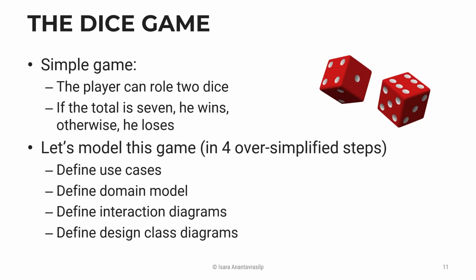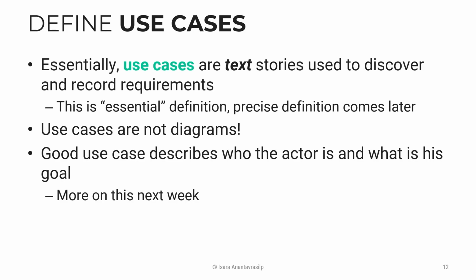This is oversimplified, it's going to be more detailed in the actual project, but just to give you some idea: we're going to define use cases, define the domain model, define the interaction diagrams, and then design the class diagram. First, let's define use cases.